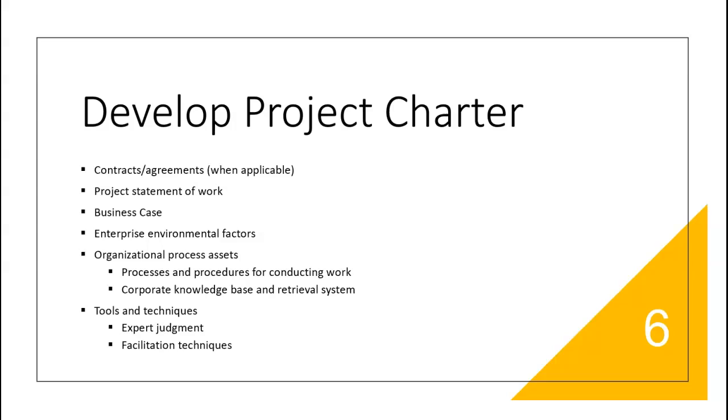A statement of work, or a SOW, is a description of the products or services, which would also include the business need, would include the project scope description, and the strategic plan. And you would look at things like enterprise environmental factors, right? What's the company culture? What are the government standards? What are the marketplace conditions? And existing human resources available.